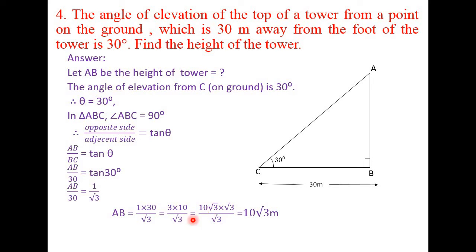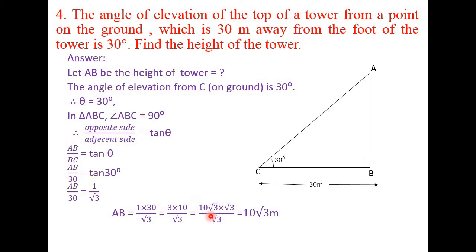10 into 3 divided by root 3. Here we rationalize the denominator, or otherwise we can write 3 as root 3 into root 3, with the denominator root 3 as it is. We can cancel root 3 in the numerator and denominator.